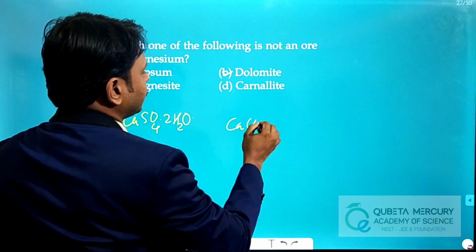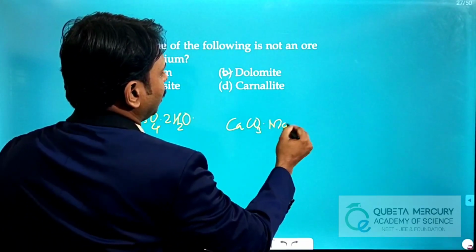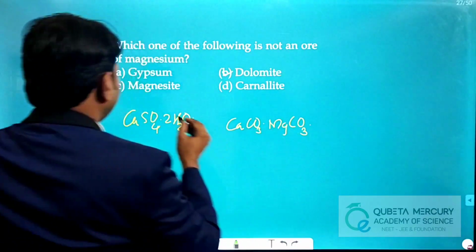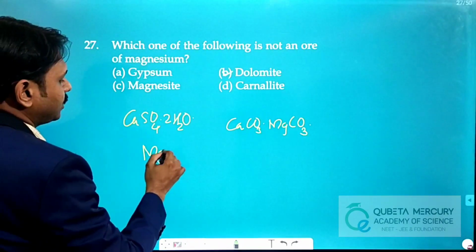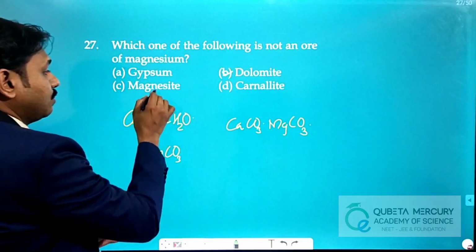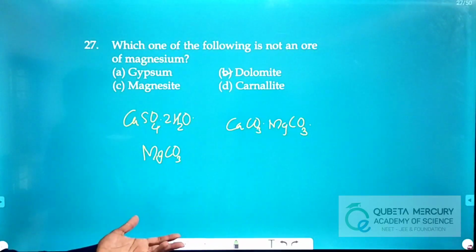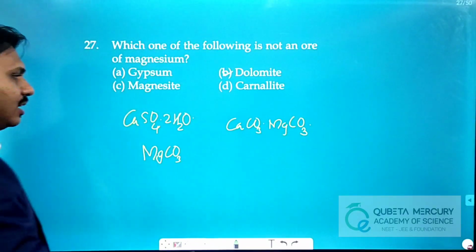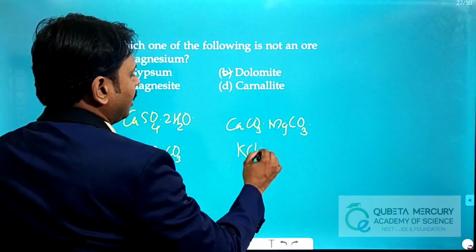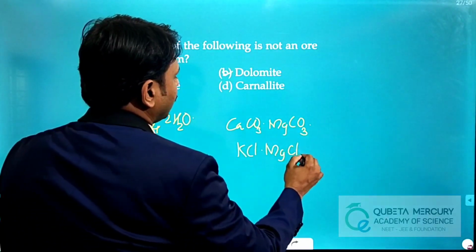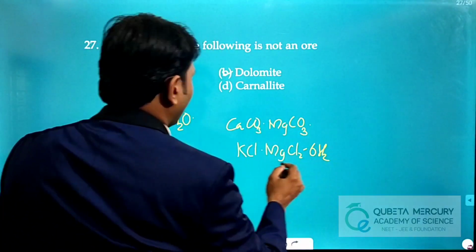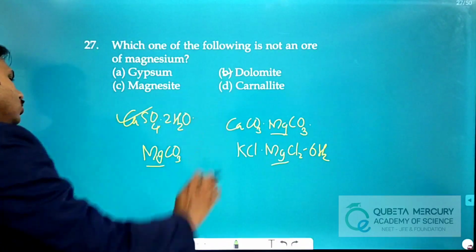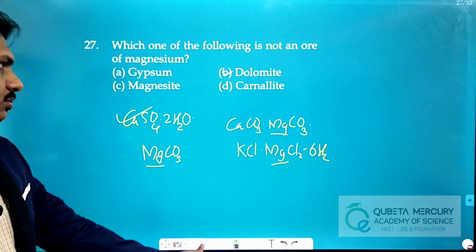Dolomite is CaCO3, MgCO3. Then magnesite is MgCO3. Don't get confused with magnetite. Magnetite is Fe3O4. Carnallite is KCl, MgCl2 dot 6H2O. So all these have magnesium, so the first one is the right option.